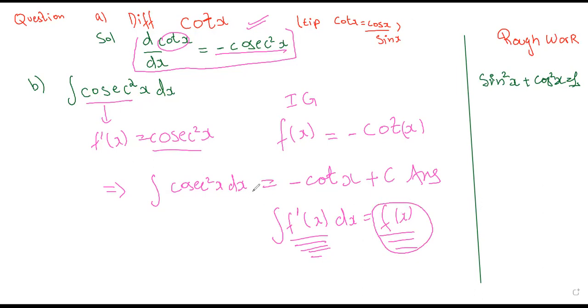Yes. So basically, we guessed initially that f of x would be cot x. But if f of x was cot x, we would have had minus cosecant square x as our derivative. But we had simply cosecant square x. So we need to modify our function somehow.